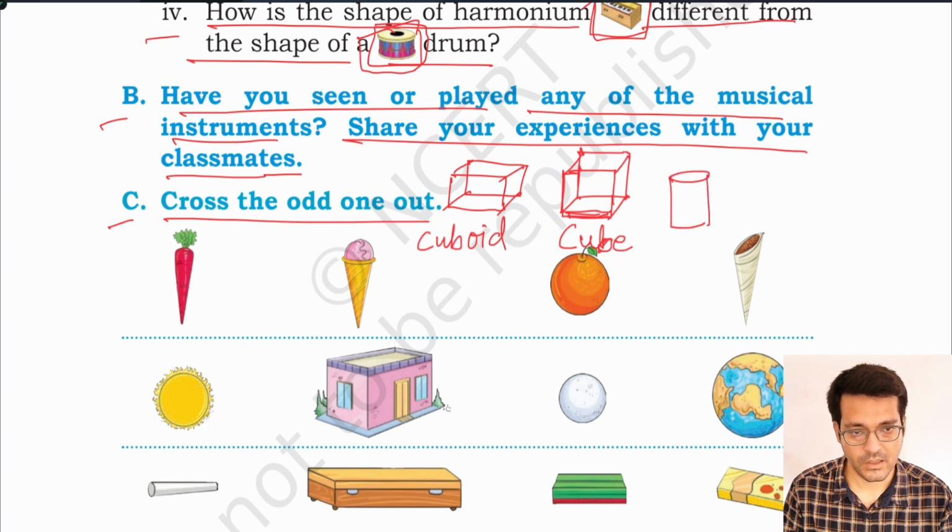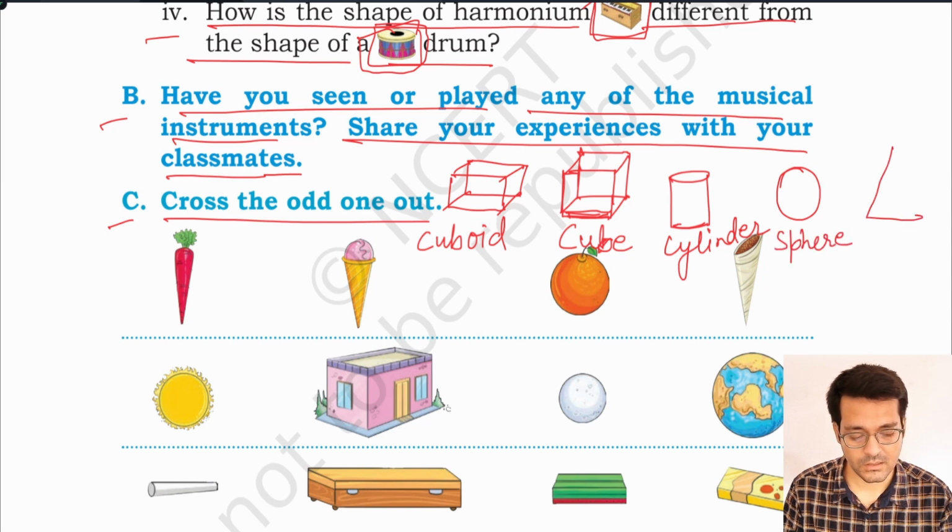Cylinder has two round faces and flat faces all around. This is known as cylinder. Similar to this is a round shape thing such as a ball or sun, earth, moon. This is known as a sphere.